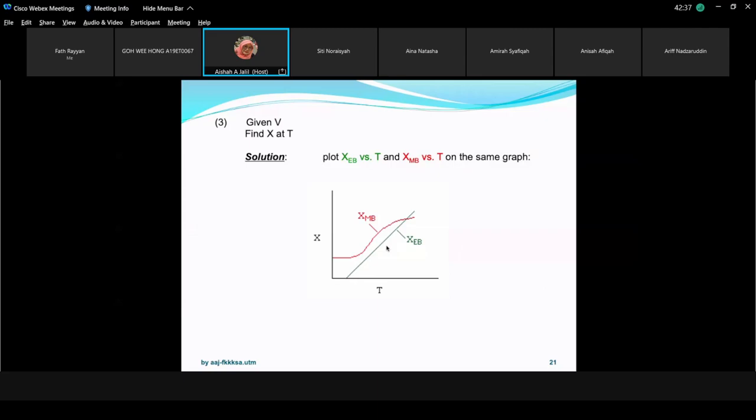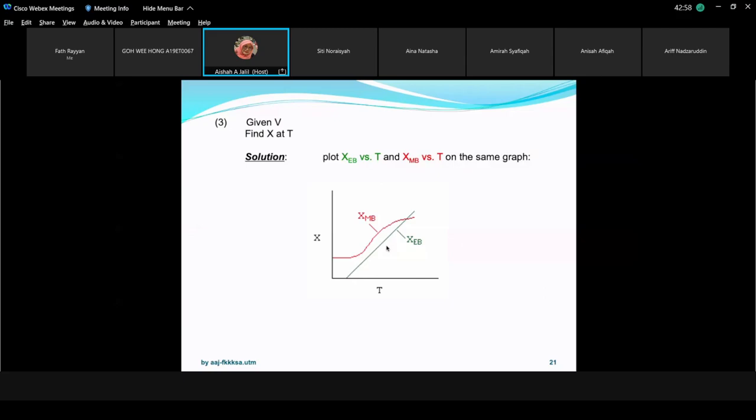So the design equation for the CSTR is V equal FA0 X over negative RA. See your handphone. And then rate law, you can get negative RA. They give first order, negative RA equal KCA.